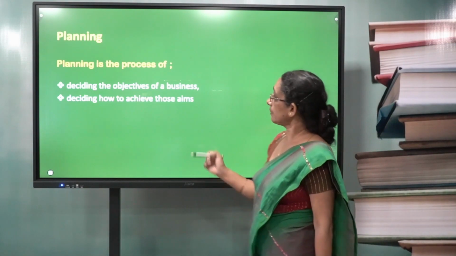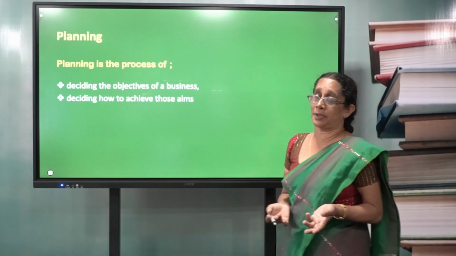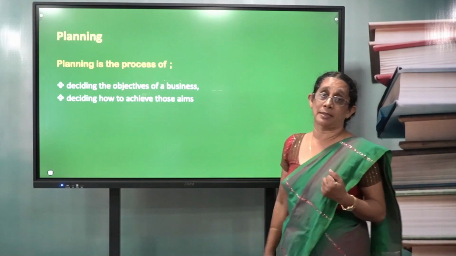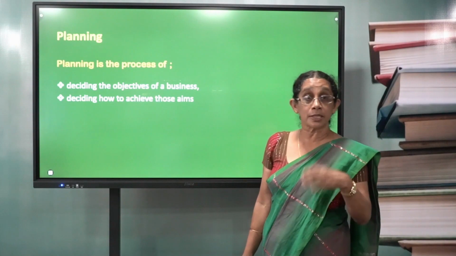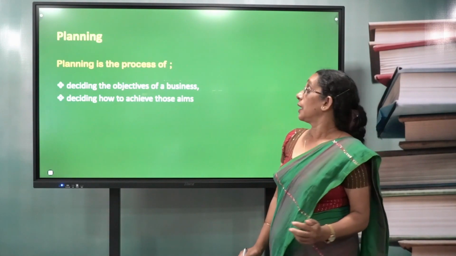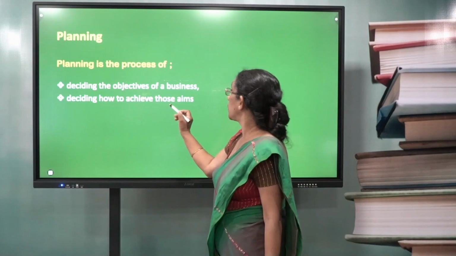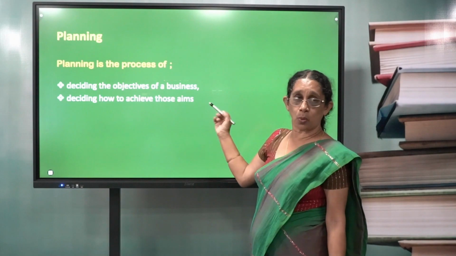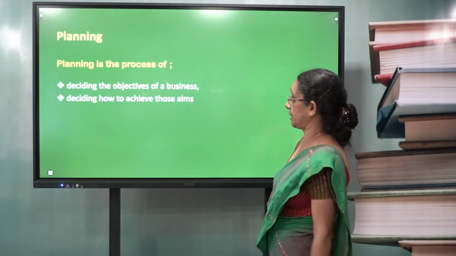Yes. Now, take an objective of business. Now you know the objective. Yes. You have to first decide the objective of business. Imagine in a particular business, the objective of increasing profit. Yes. Then they have to decide how to achieve those objectives. We can call objectives aims, goals, or those terms we can use here. I have put aims, yes.